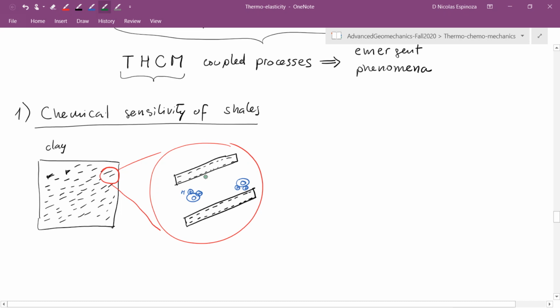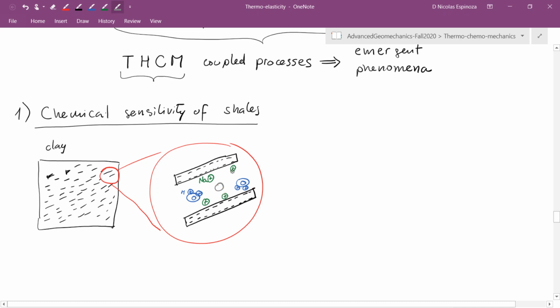For example, if we had a sodium chloride salt, what you will have are cations of sodium that would also tend to stick closer to the negatively charged surfaces in order to cancel the polarity of such surface. So this is going to be the sodium, and let me find another color here to draw.